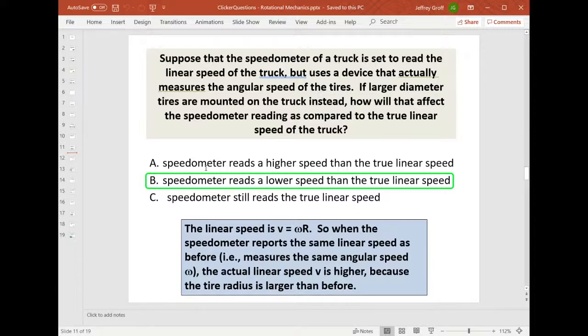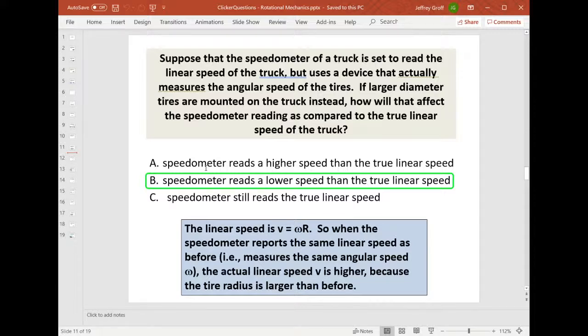So for a given angular speed, which is what this device is ostensibly measuring, a larger tire would correspond to a larger linear speed, V. If you had small tires versus large tires, but they're both reporting the same angular speed, the one with the larger tires would actually be moving faster in a linear sense.